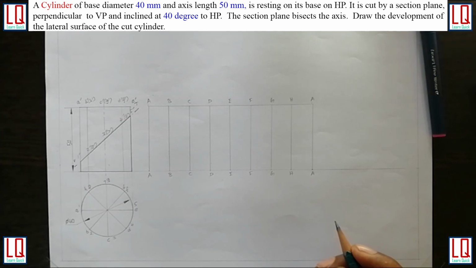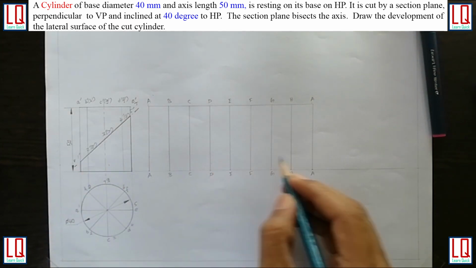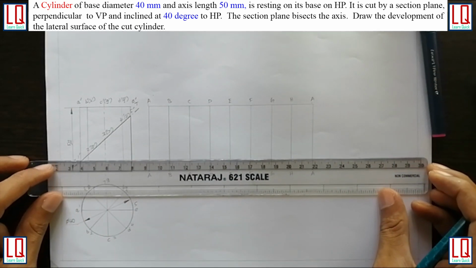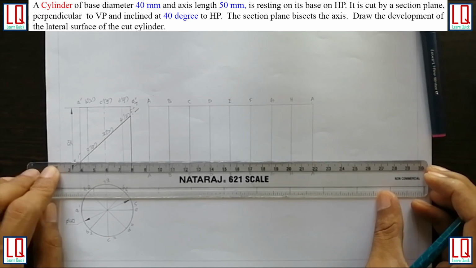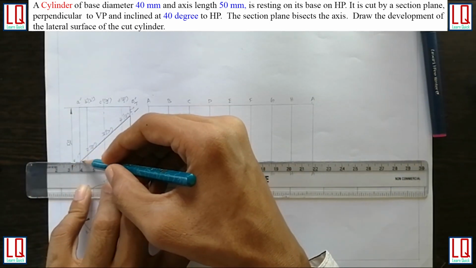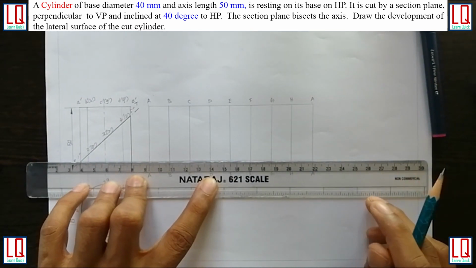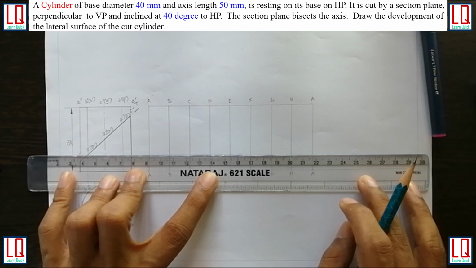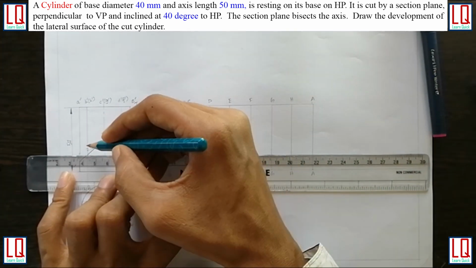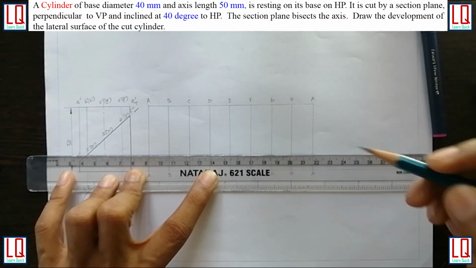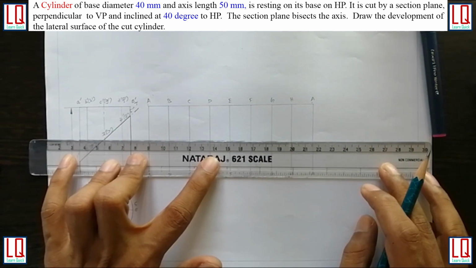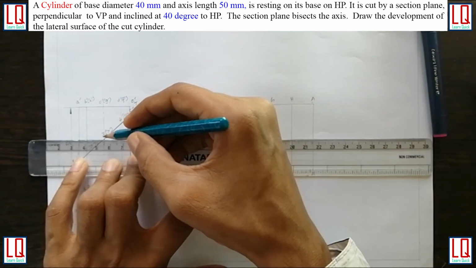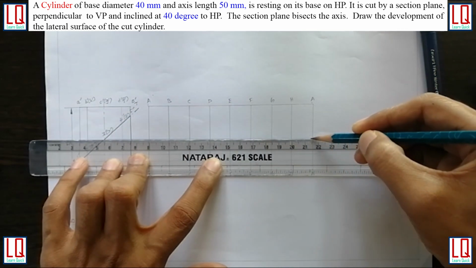Okay, so now what we are going to do is project all the cutting points to the development. Here I have cutting point 1. We are going to carry it over to the development. Similarly, we are going to bring cutting points 2 and 8. Next, cutting points 3 and 7.